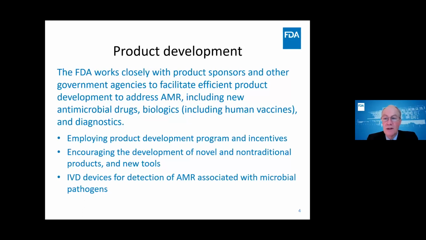And I'll talk a little bit about some of those programs that we're working on the human side. We also encourage the development of novel and non-traditional products and look at different tools and alternatives to antimicrobials. In addition, we work on in vitro diagnostic devices for detection of AMR-associated microbial pathogens. So very important there as well.